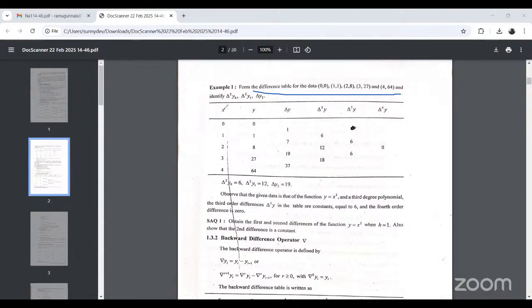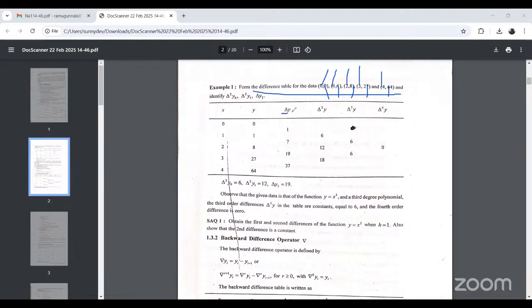So this is x and y. The x values are 0, 1, 2, 3, 4, and the y values are 0, 1, 8, 27, 64.